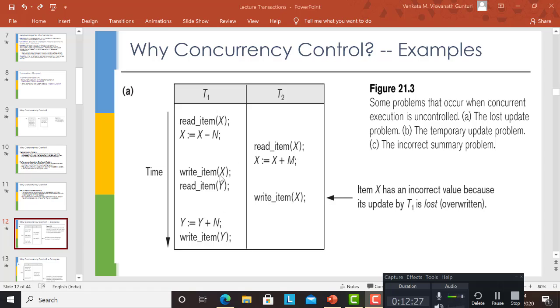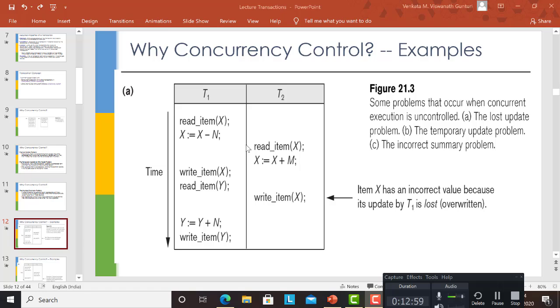By the way, you have no control on the interleaving, right? So this interleaving will depend on a lot of parameters, like what is your CPU scheduler, right? You have no control on when the transaction gets descheduled. So if you have something like a round robin which deschedules a process after every few milliseconds, then you have no control on what the interleaving will be, right?